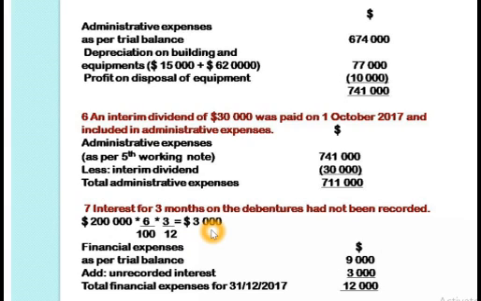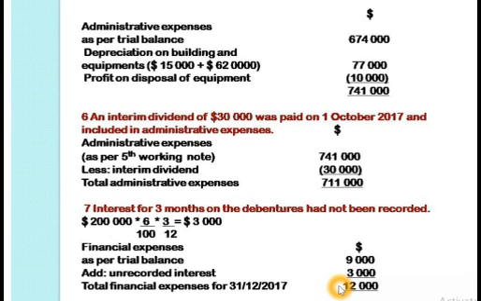We get the value of interest for 3 months as $3,000, and in the trial balance it was stated that the financial expenses was $9,000. To this we are going to add the unrecorded interest, that is $3,000, and we get the total financial expense for the year ended 31st December 2017 as $12,000.